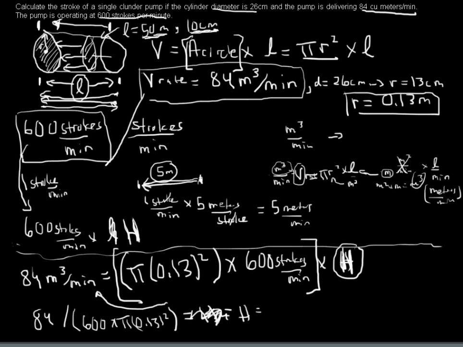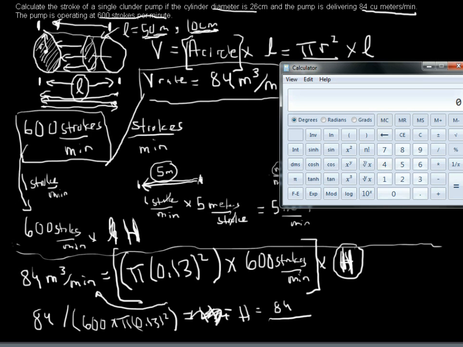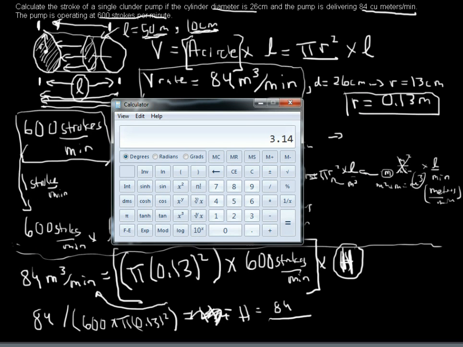Let's pull out the calculator. Pi is 3.14, we'll use that. 3.14 times 0.13 squared, 0.13 times 0.13, times 600, gives us 31.84.